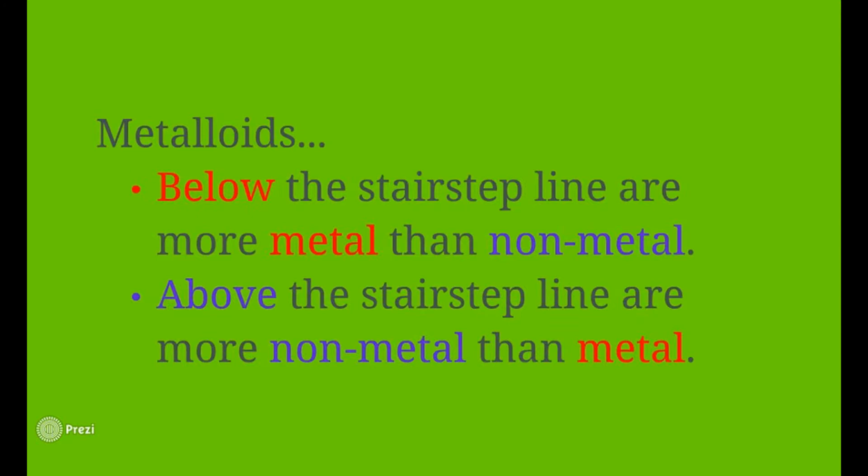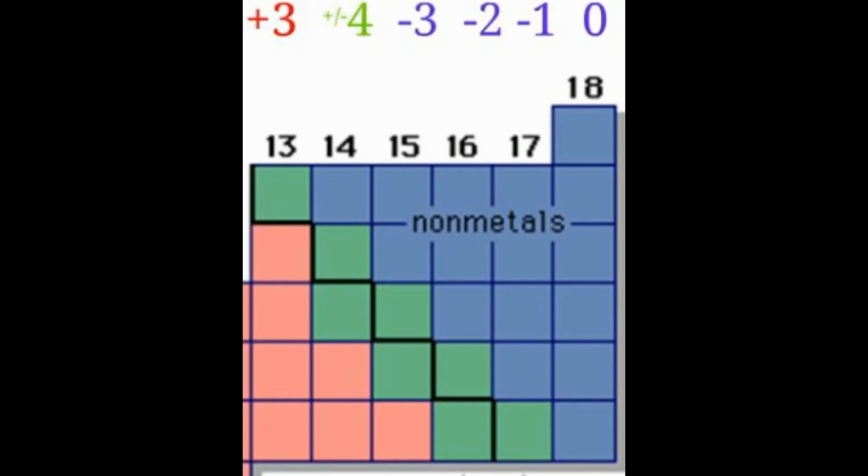If they are above the stair-step line, we're going to treat them more like non-metals and give them a negative charge. So you'll notice that basically that kind of settles a few debates that are out there. It makes your life a little bit easier. So basically these three guys, we're going to treat like metals because they're below that line. And these guys that are on top, we're going to treat like non-metals. In other words, have a negative charge, in case you're wondering.